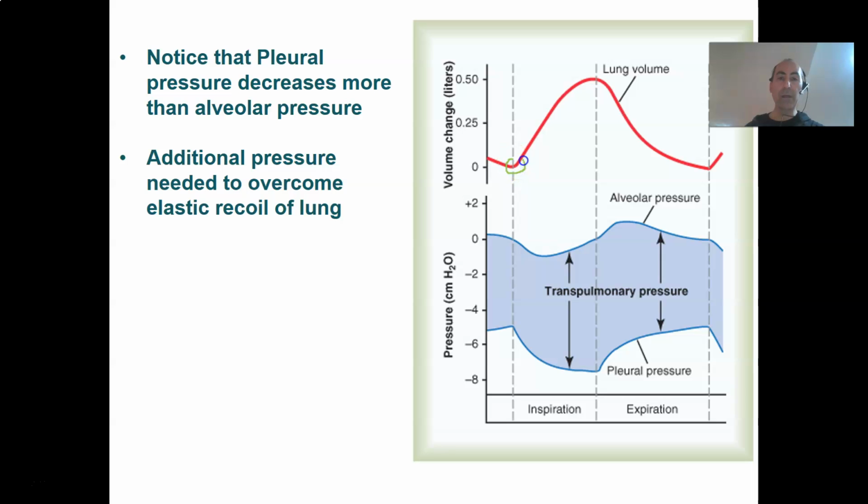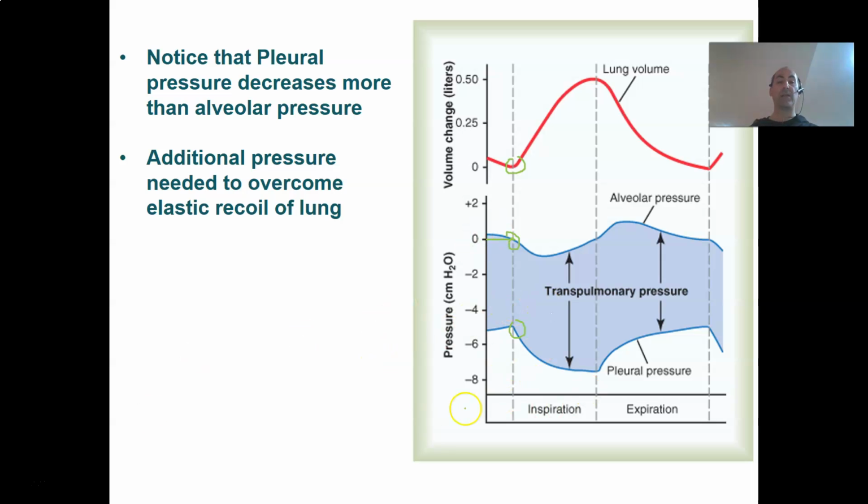So at this point here, these are all related. There is no movement of air. So if you draw a line from this curve straight across to the left, you see that there is 0 pressure. Atmospheric, remember, represents 0 pressure all the time.